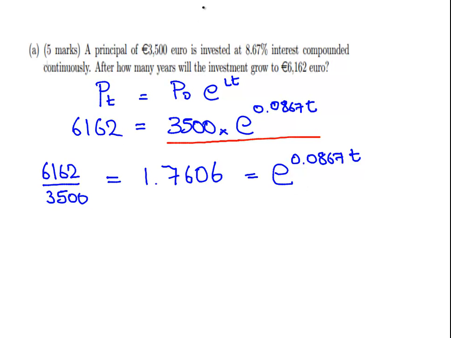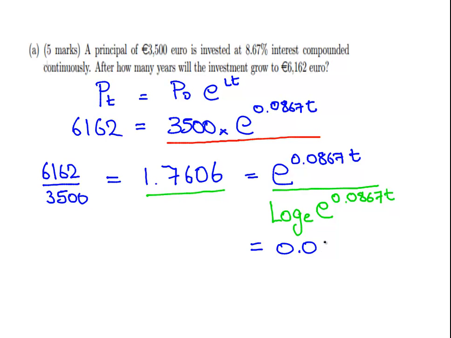Now, what do we do here? We can find the natural log of both sides. The natural log of this, I'll write it in green underneath as workings: log to the base e of e to the power of 0.0867t is equal to simply 0.0867t.